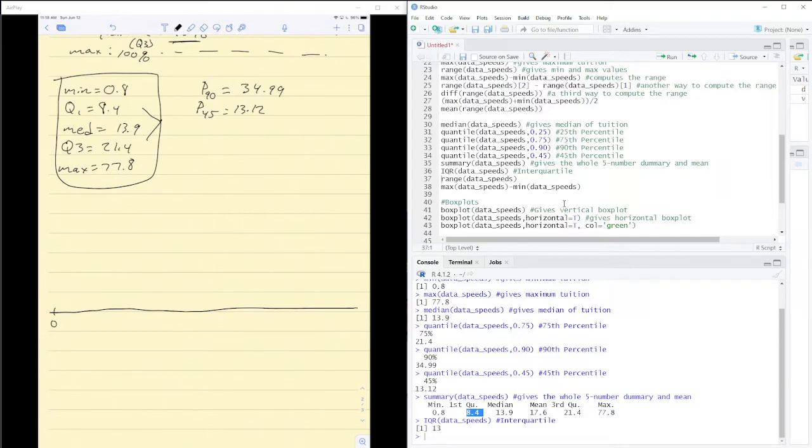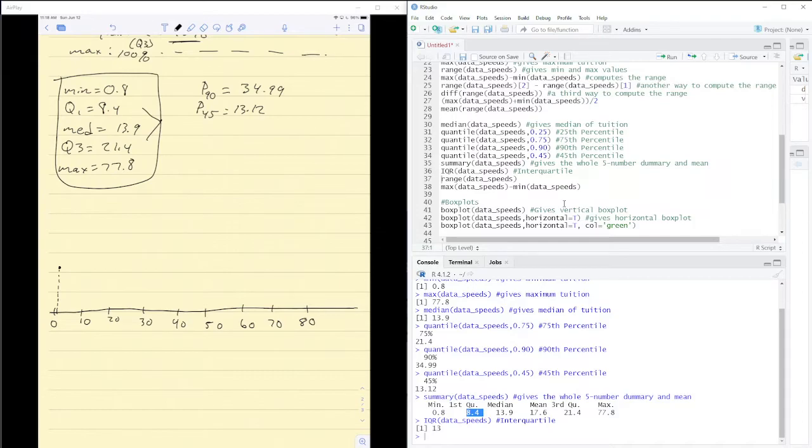So I'll start at maybe 0, and I'll go 10, 20, 30, 40, 50, 60, 70, 80. And we start plotting these. So my min is 0.8. So at 0.8, I'm going to make a little dot. If I dropped it right down, that would be 0.8 right there.